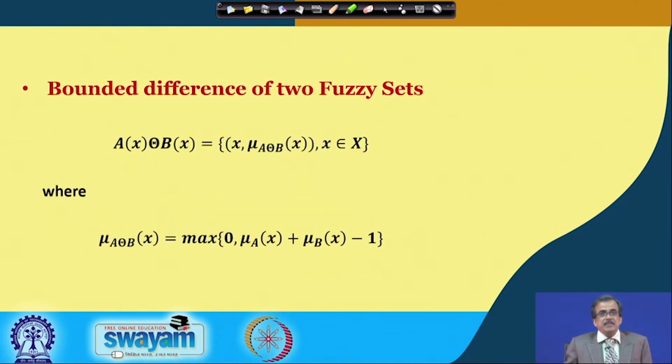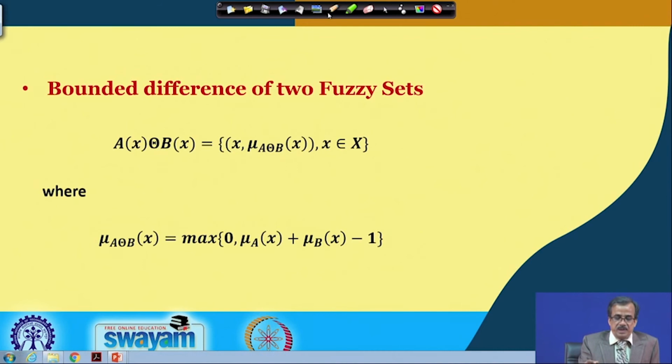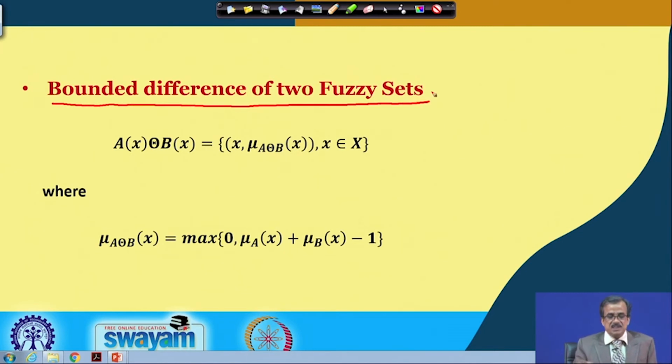Now, then comes the bounded difference between the two fuzzy sets. Now, let us see how to find out the bounded difference of two fuzzy sets. The two fuzzy sets are nothing but A(x) and B(x), and we try to find out the bounded difference.